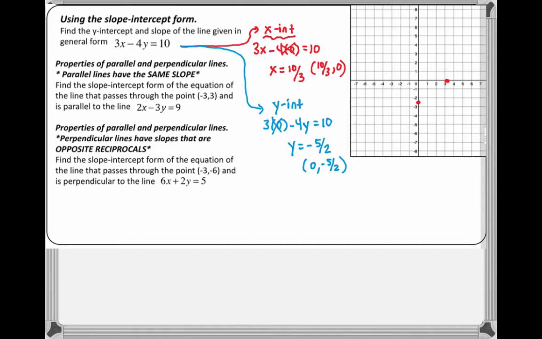So it looks like this is going to be a pretty good graph of that line. Again, not perfect, but we have an idea of what it is going to look like. And we do have some good information, that is the intercepts, which is important in pre-calculus. So next video we're going to start taking a look at parallel lines and perpendicular lines.